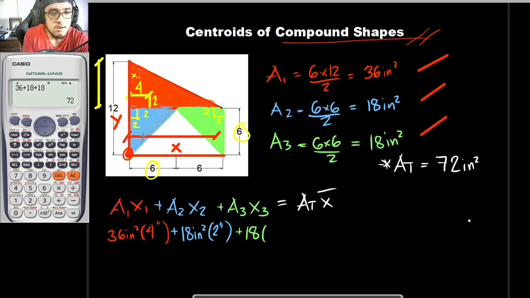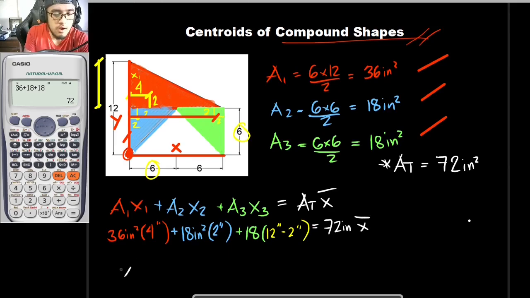Since from end to end that is 12 inches, this is 12 inches minus 2 inches, because this is 2 inches. So once again, our lever arm here should only be this distance up until this point. So this is equal to 72 inches squared times bar x.